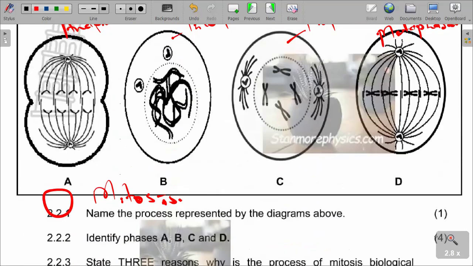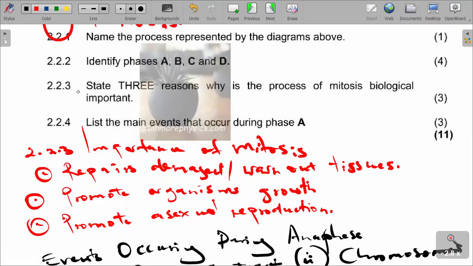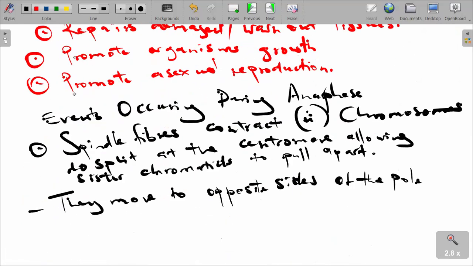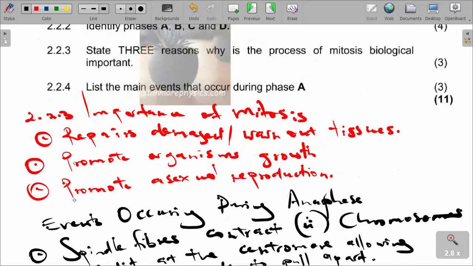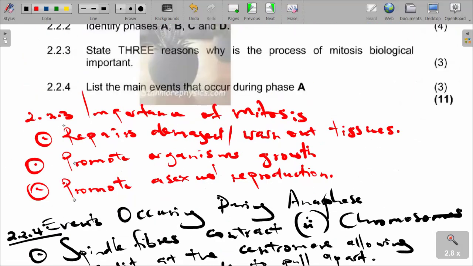If you look here, they move to the far sides of the pole. That is the last question that we are answering, 2.2.4. We can go to the next question.